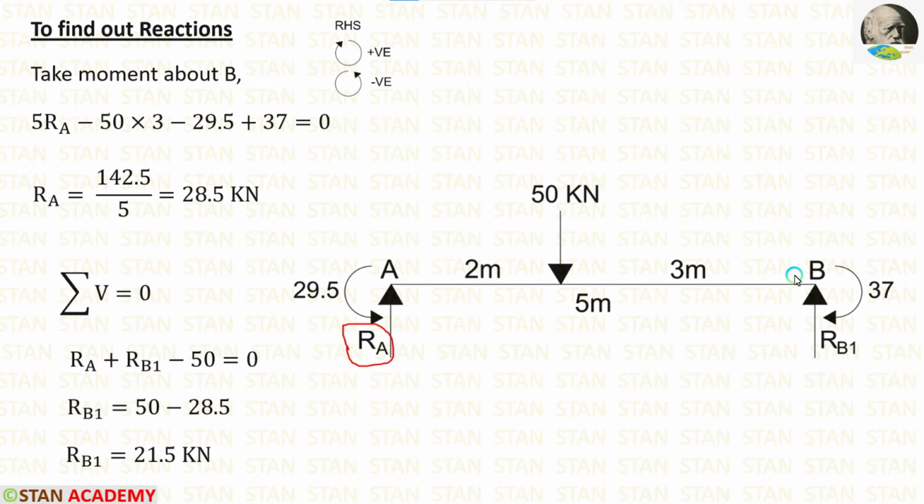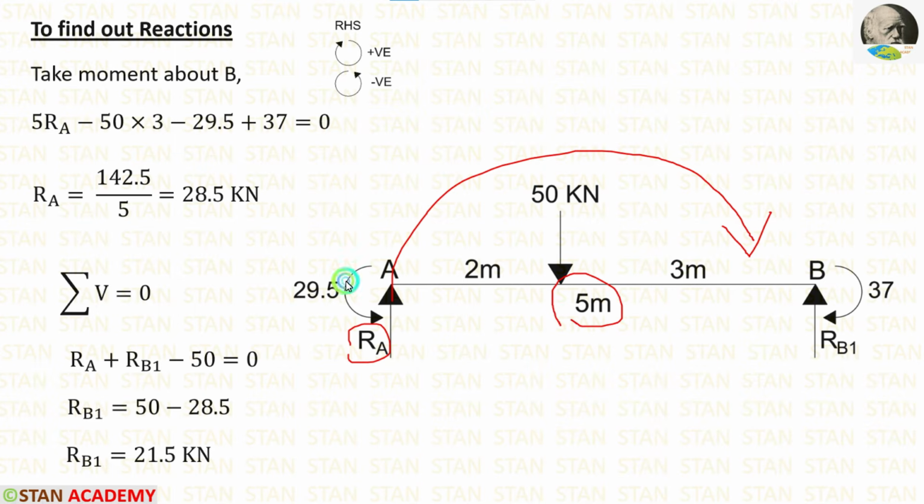For that, I am going to take moment about B. In this case, I am moving towards right hand side. Clockwise will be positive and anticlockwise will be negative. The vertical reaction RA is acting towards the point B in the clockwise direction, so it will be positive and the distance is 5. So 5 RA.